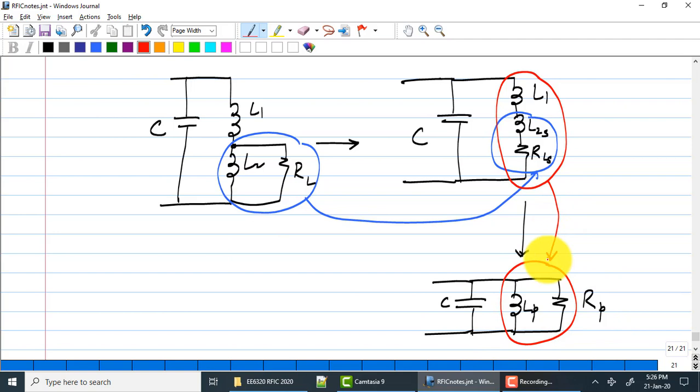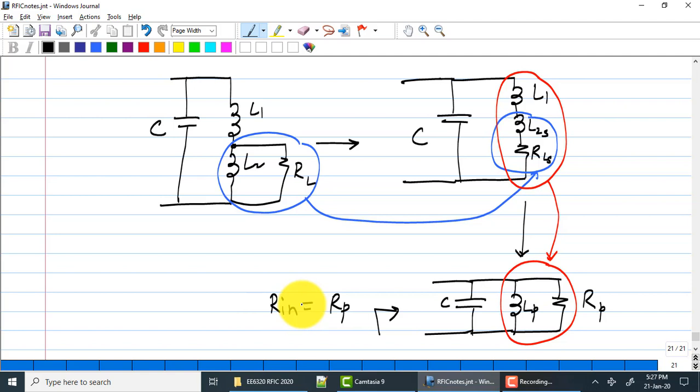This is now a parallel resonant network. So Rn is equal to Rp at resonance. This resonance is such that C resonates with Lp. Very good. Our problem is to find out the values of C, L1, L2.